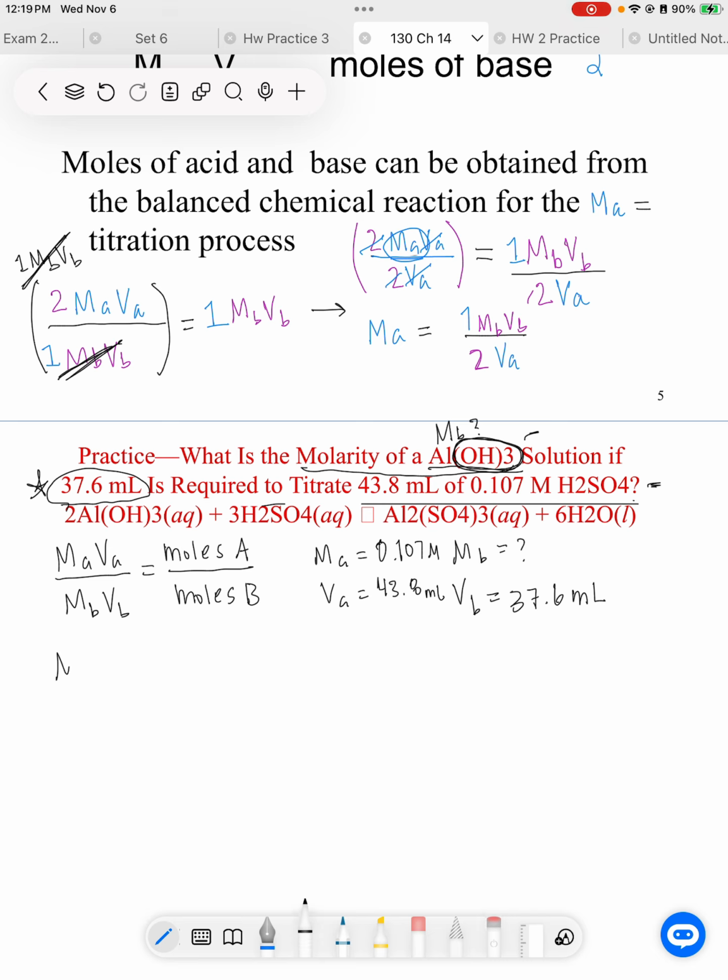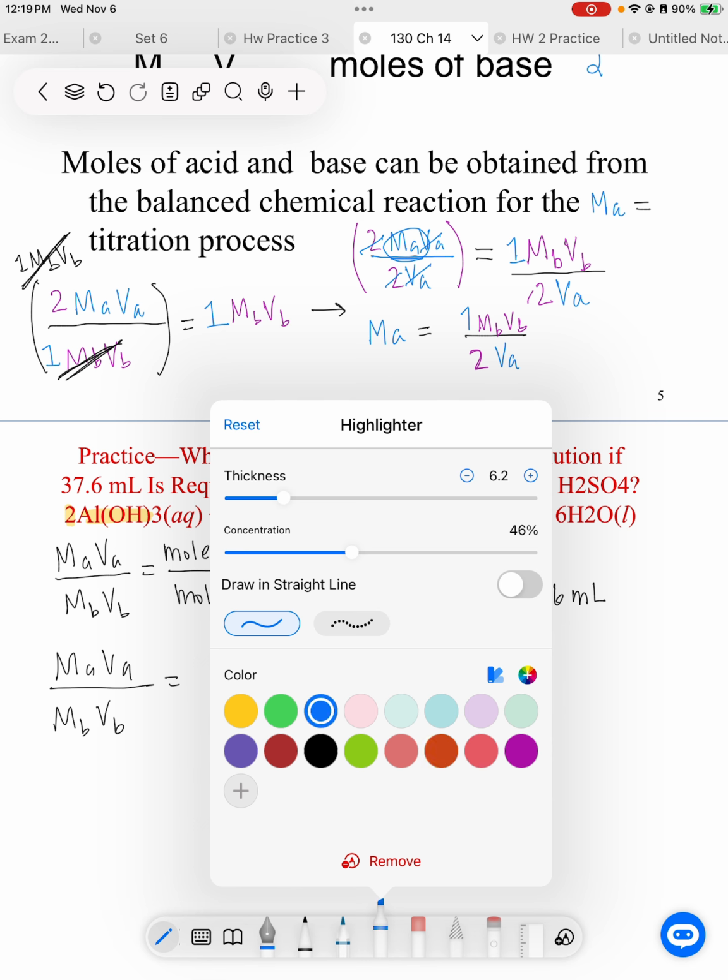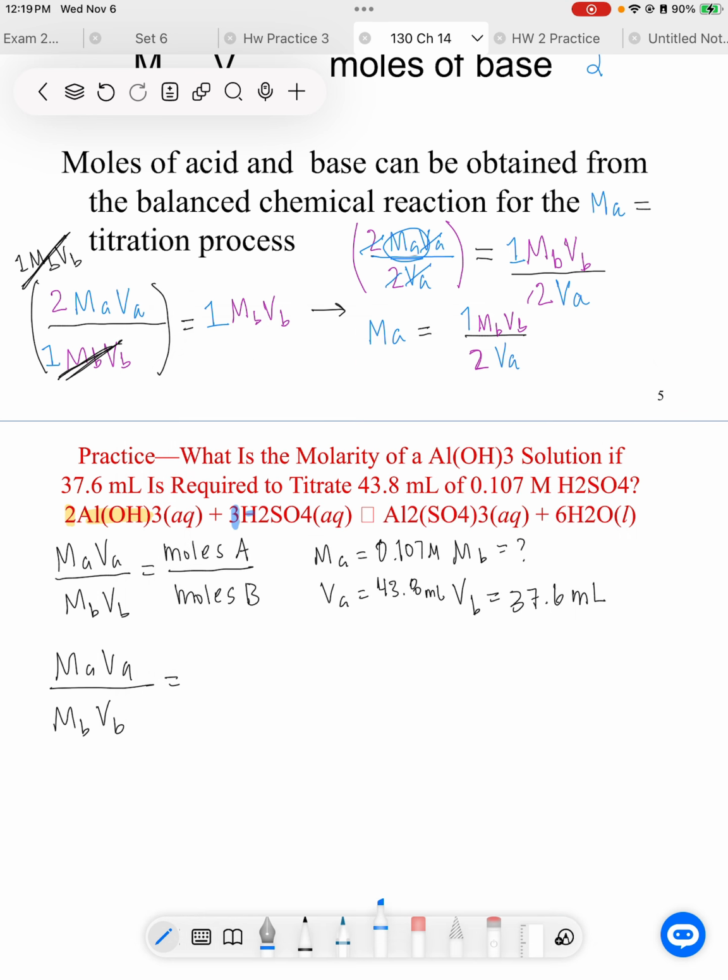So we have MAVA over MBVB equals. What are our moles of acid? Let me erase this so it's not so messy. So if we look at our balanced equation, and you want to make sure it's balanced, we see that we have 2 moles of our base, and we have 3 moles of our acid. So our moles are this big number right here.